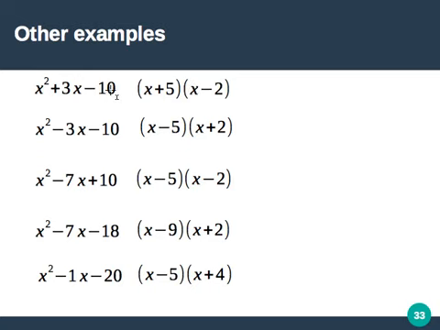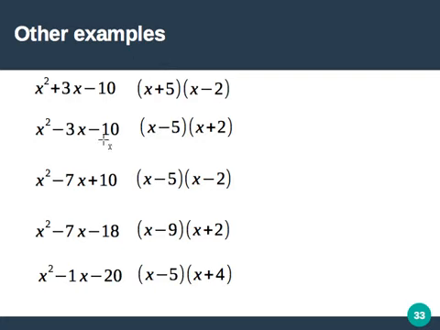Then you put the sign according to this rule. Since this is negative, as we saw in the previous slide, they have to have different signs. So here we have a +5 and a -2. Also, when you add 5 and -2, you get +3. That's why we have this factorization.